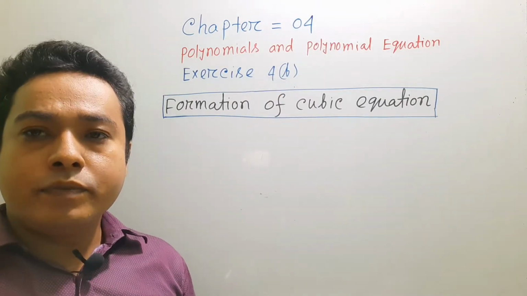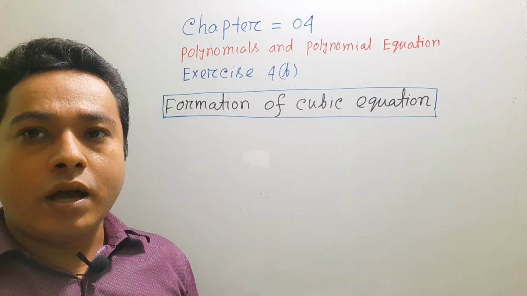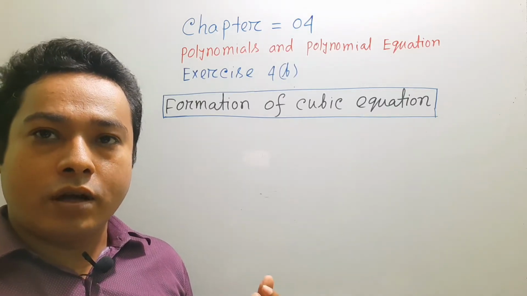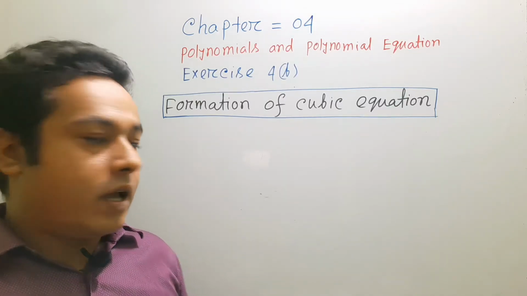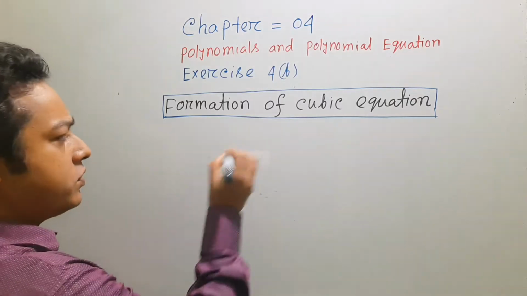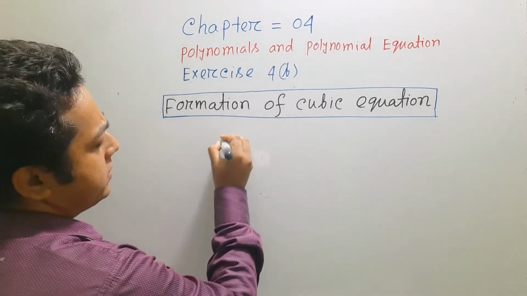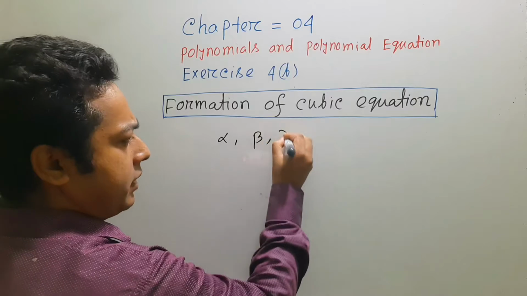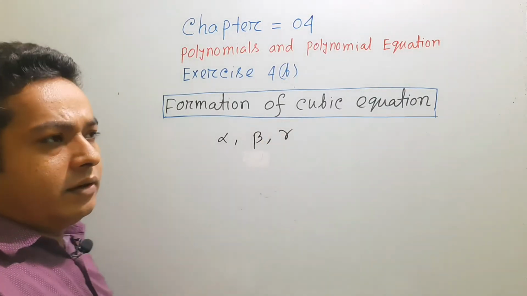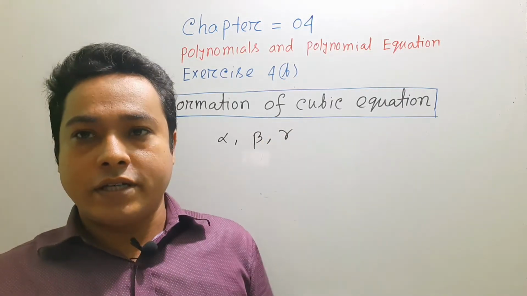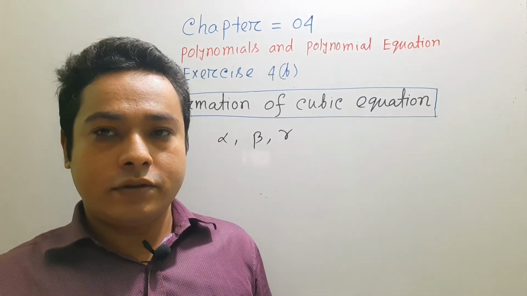Dear student, now I am going to discuss how we can form the cubic equation. Let's say the 3 roots of any cubic equation are alpha, beta and gamma. How can we create the cubic equation if the roots are known?